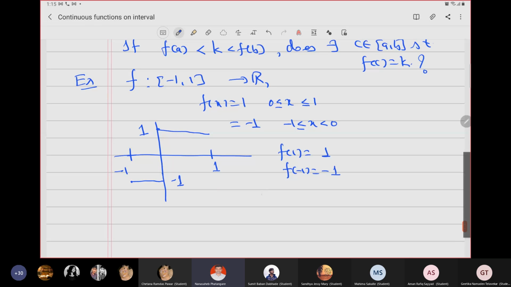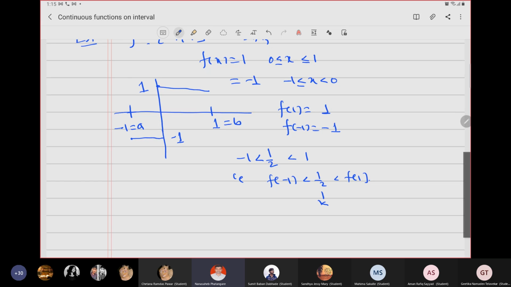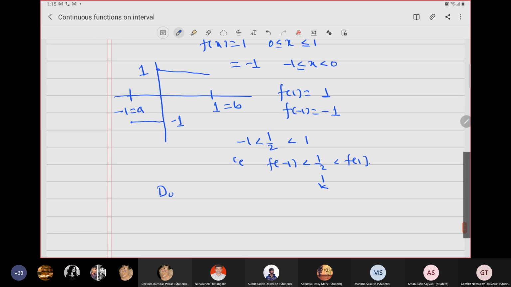Now you check that 1/2 lies between -1 and 1, that is, f of -1 is less than 1/2 less than f of 1. This is a k actually, a number k which lies between f of a and f of b. So a is -1 and b is 1. Does there exist some number c in the interval -1 to 1 such that f of c is equal to 1/2? Does there exist a point in the domain at which the value is 1/2?